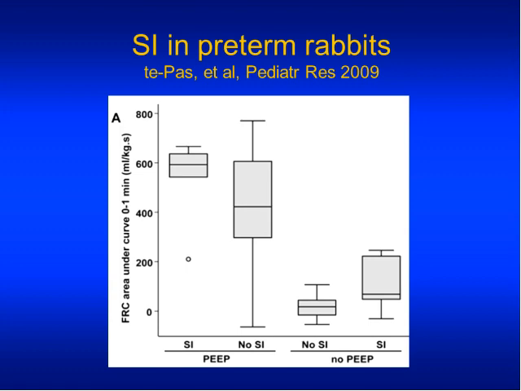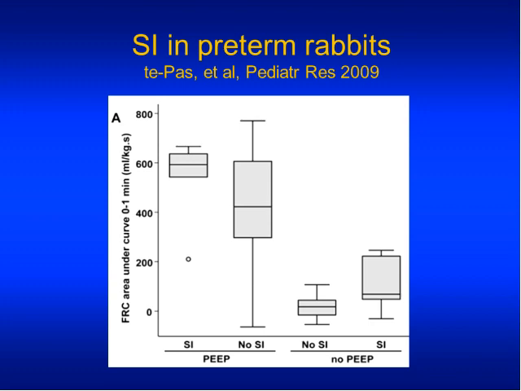On the vertical axis is functional residual capacity, the volume of the lungs at end expiration. You can see on the left-hand two columns showing that when PEEP is applied but no sustained inflation, many of the animals were able to achieve good aeration of the lungs, but some were not, as indicated by the lower section of that column. Whereas sustained inflation did seem to uniformly, with one exception, achieve very nice functional residual capacity.